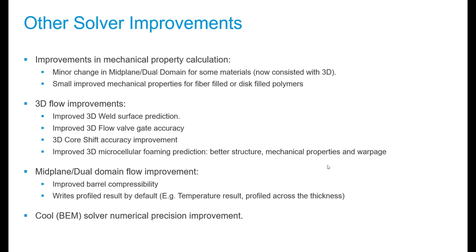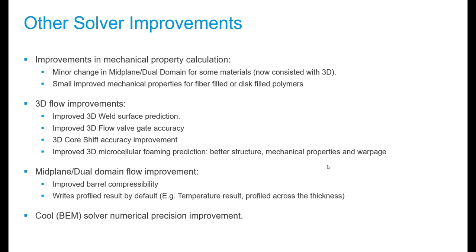For the midplane and dual domain code, that was a very minor change, so we should not expect a tremendous amount of impact, but it brings the two codes in line. Also there is improved behavior on the mechanical property calculation for fiber-filled and disc-filled polymers.